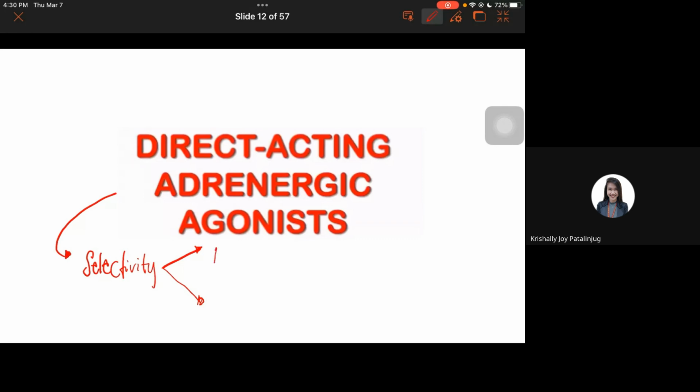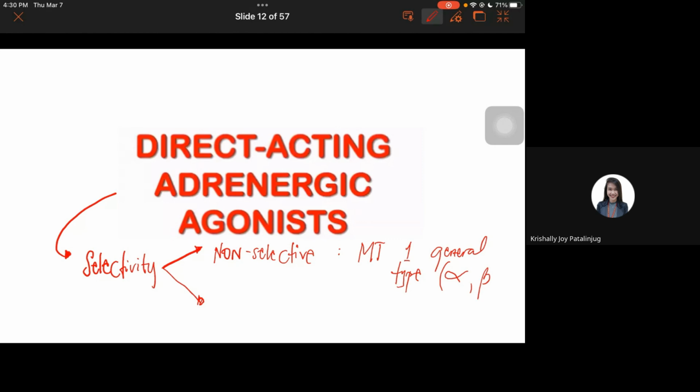So we have direct acting adrenergic agonist nga non-selective. Okay? So hindi sila maarte when it comes to binding to adrenergic receptors. Meaning to say, they could bind to more than one general type na receptor. Okay? General type na receptor. Pwedeng they could bind to alpha and beta receptor.